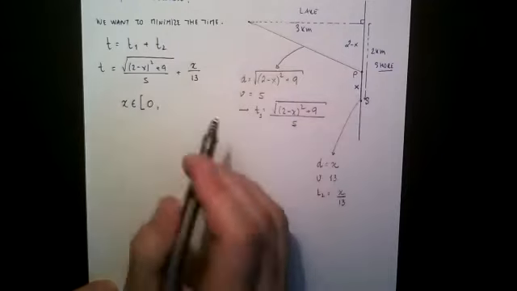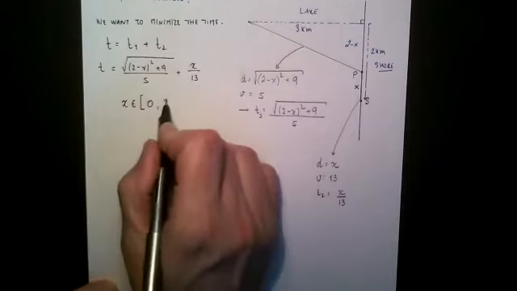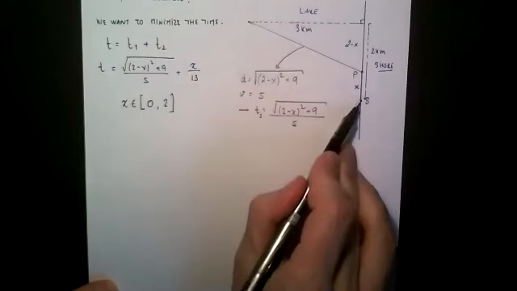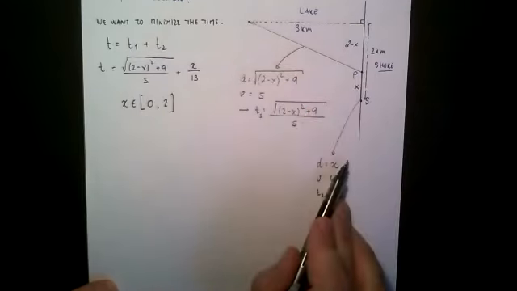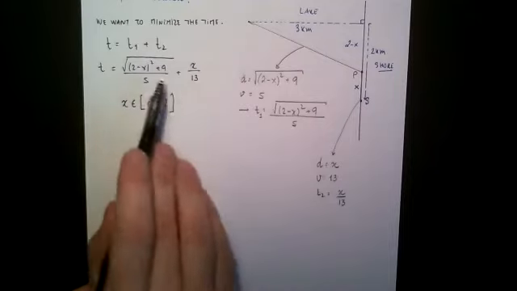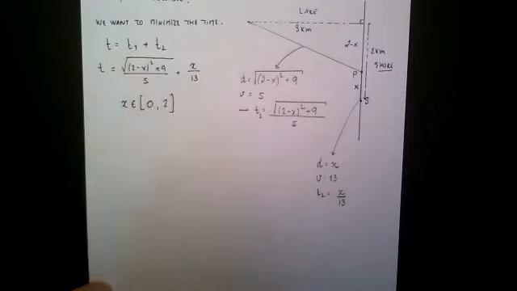Or what's the biggest possible value of x? 2. 2, perfect, right? Because x is 2 means I'm rowing straight to the shore and then I'm running. So I need to basically minimize this function on this interval. So now it becomes a regular problem like we did before.